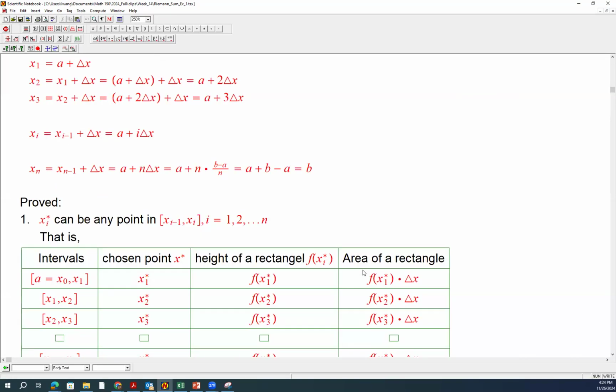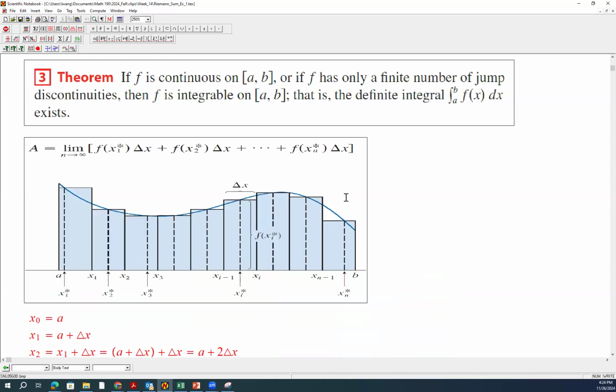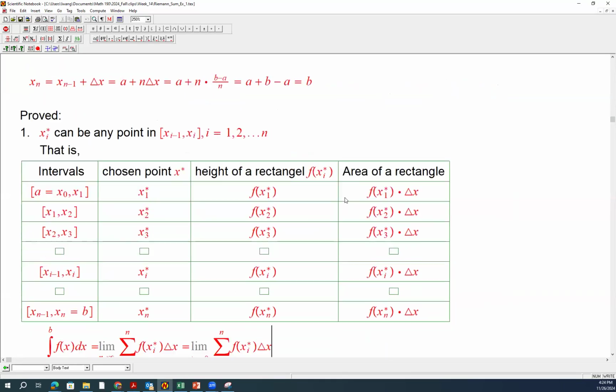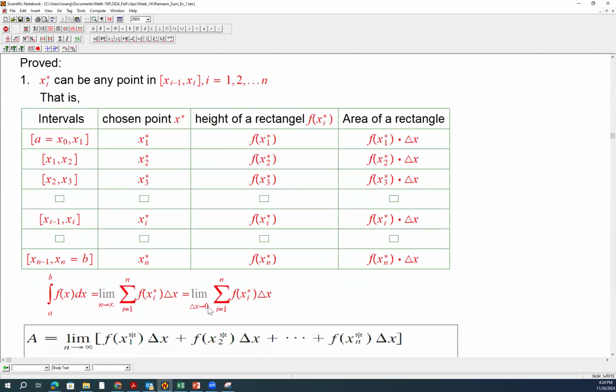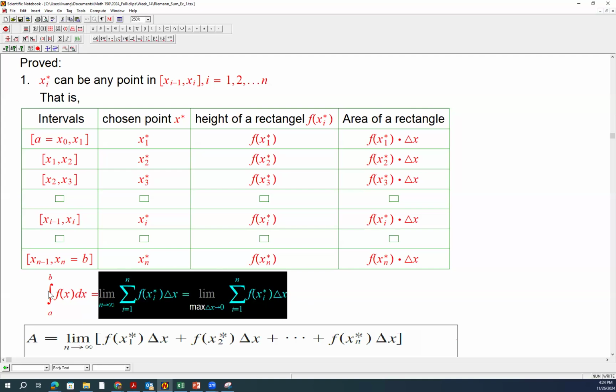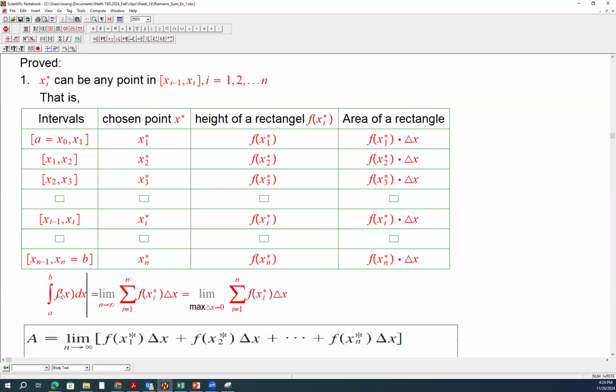But if the largest of the widths of the subintervals, the maximum of delta x, approaches zero, then with all of these different choices of star, we will have the same limit, and that same limit will be defined as the area underneath the curve.